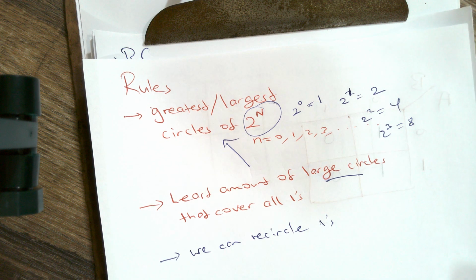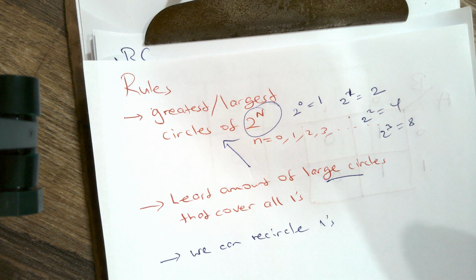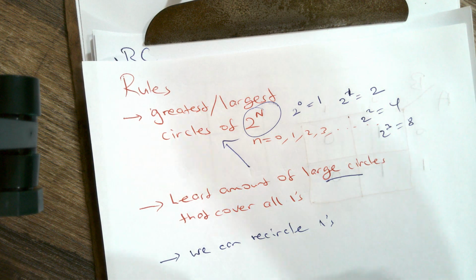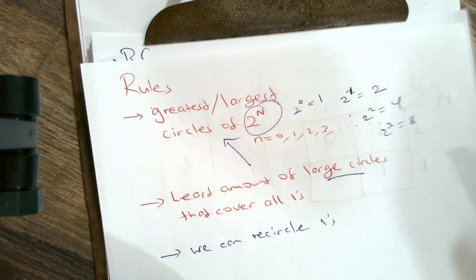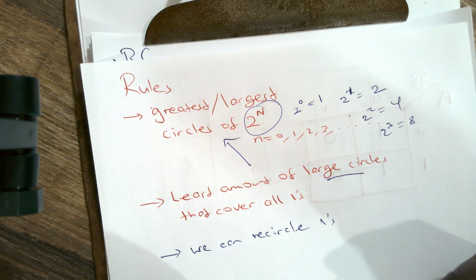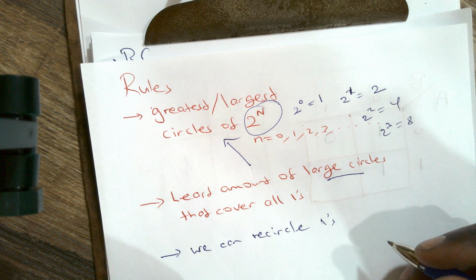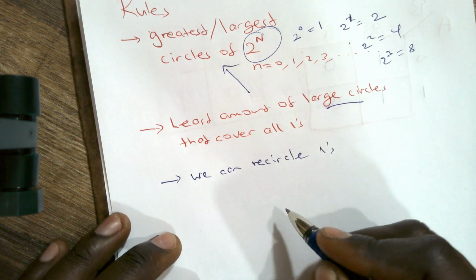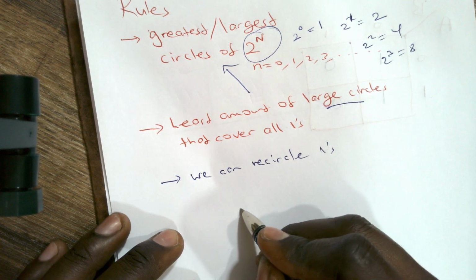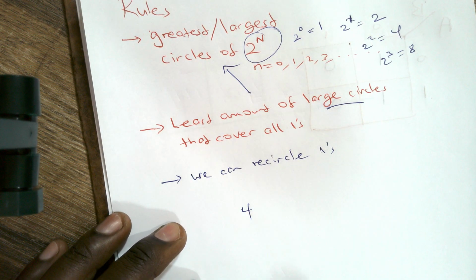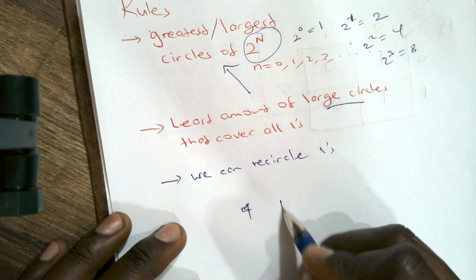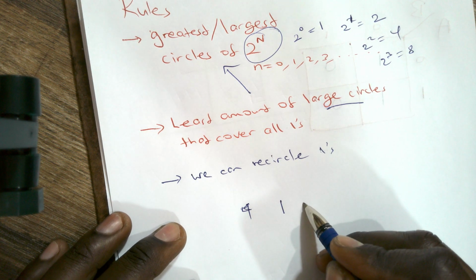So what you're going to realize is, as we find the greatest or largest circles of ones, they guarantee that we have the smallest expression. For instance, let's start off with a circle of 1 one.